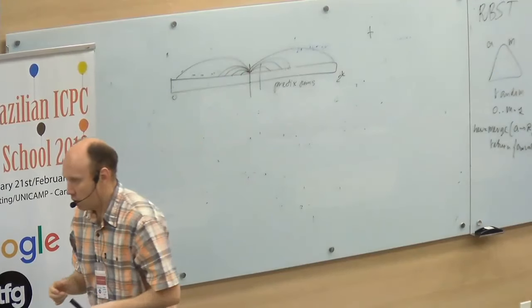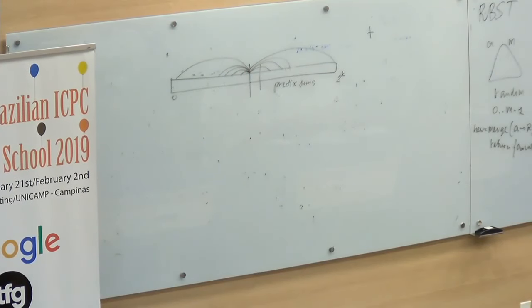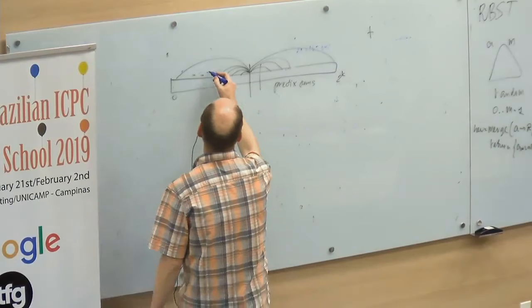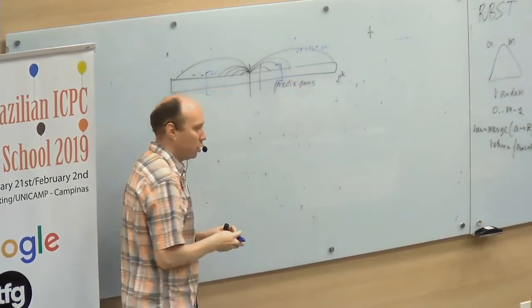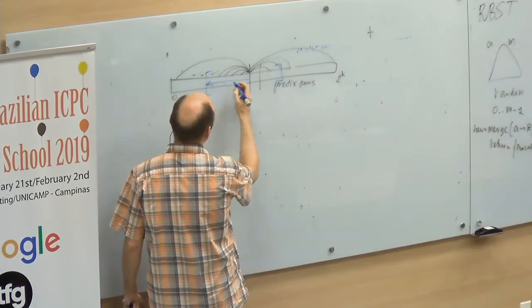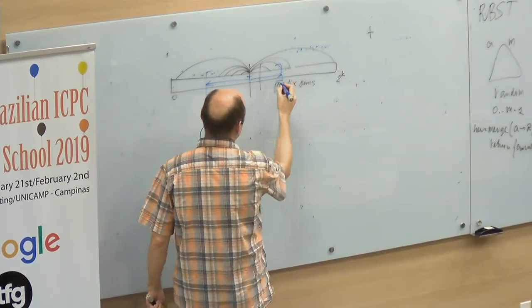Now let's take some array and let's take some segment, and calculate the sum on this segment. So we have a segment, and clearly the sum on this segment is this suffix sum plus this prefix sum.